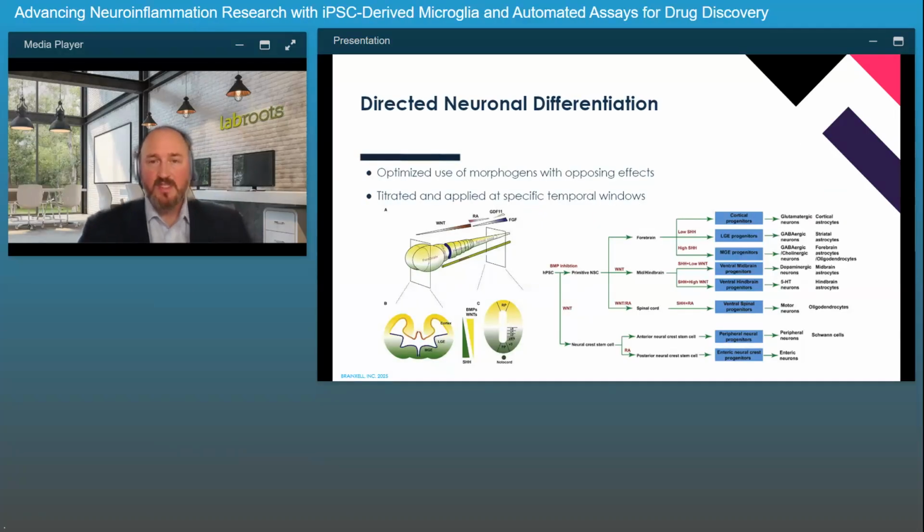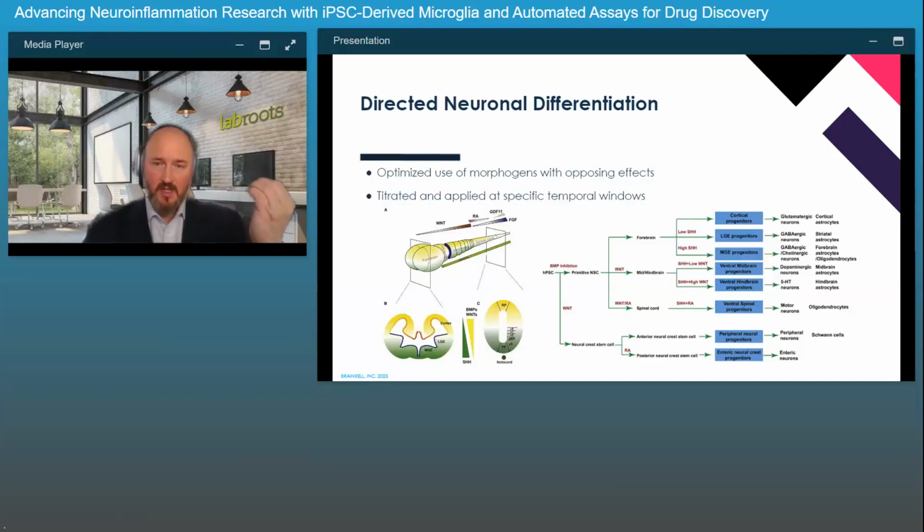So at Brainxell, we use a directed neuronal differentiation process. What this means is we are really trying to direct the cells from a stem cell state into a terminally differentiated cell type using very specific morphogens or small molecules, and using those at very specific time windows within the development, right?